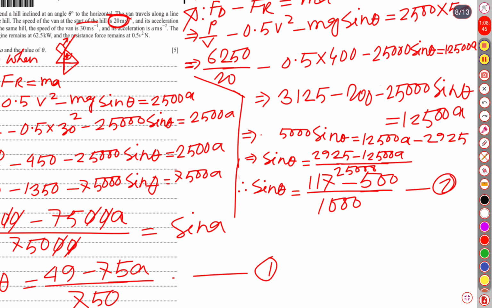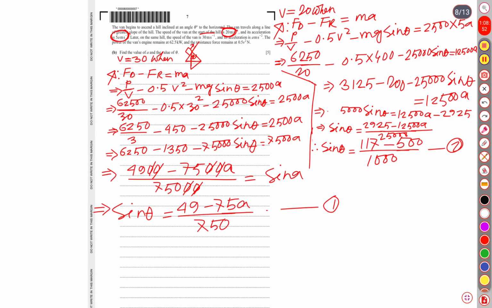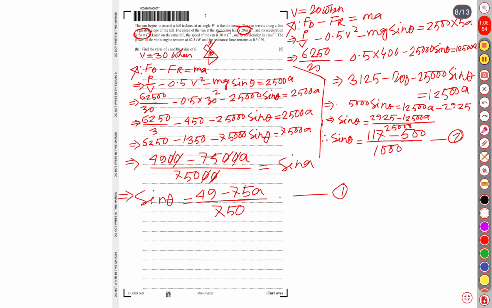Now we will solve both the equations simultaneously. Let us see what the equations are. Both of them are sin theta. Hence, should I have a new page or should I continue? I think I should continue over here. So let's write from equation 1 and 2.